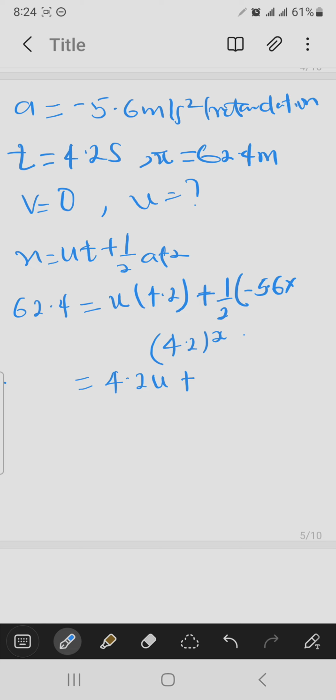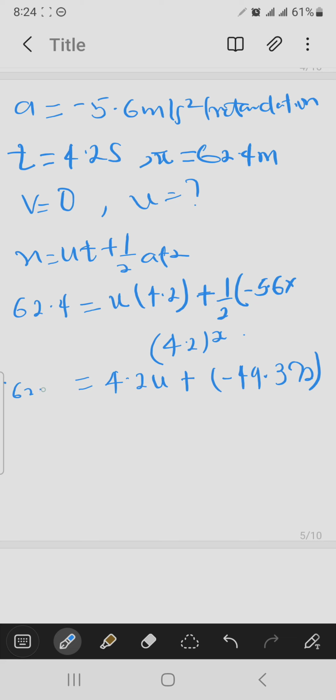And if you multiply by minus 5.6, it will be 98.784. 98.784 divided by 2, this one has minus, so it will now be minus 49.392. That's what it means.